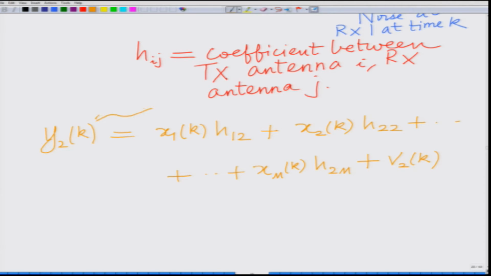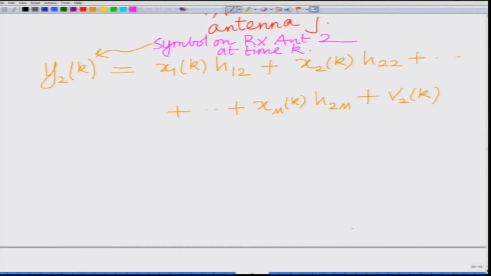Remember, this is the symbol on receive antenna 2 at time instant k, so on and so forth.